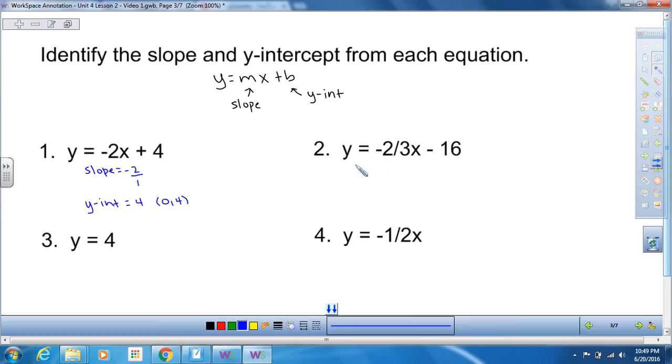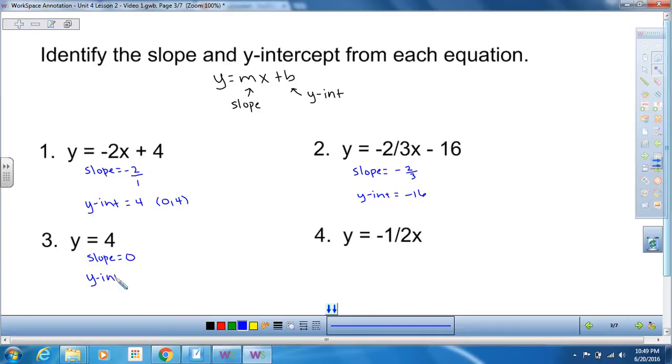Okay, number 2, the slope is the one next to x, so negative 2/3. And then the y-intercept would be negative 16, since there's a minus sign there. Alright, for 3, you don't have an x, so that means slope is 0.